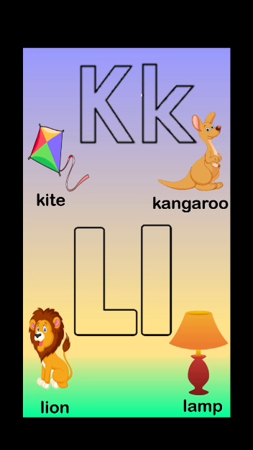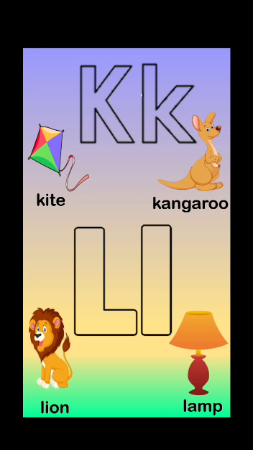How can we know that kite comes from letter K? What is the beginning sound of kite and kangaroo? The beginning sound of kite and kangaroo is K. So what is the sound of letter K? K. Very good.